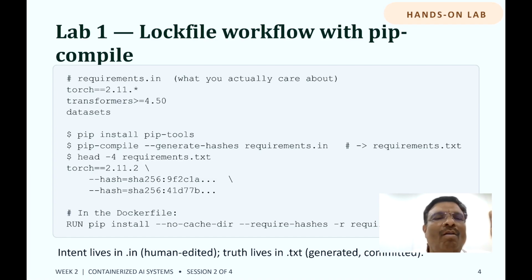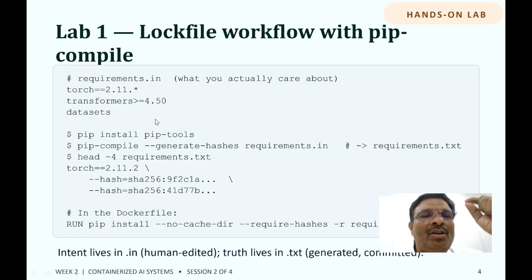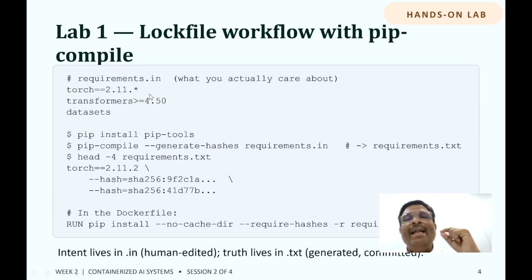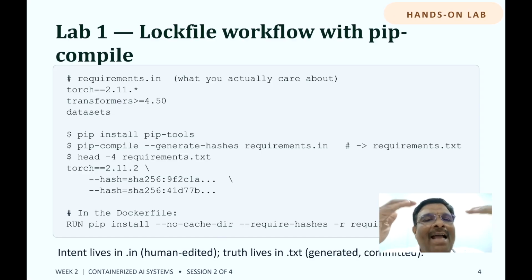To solve all of this, instead of directly using pip install torch equals 2.11 whatever, because it will again change from person to person, I run pip compile with generate hashes on requirements.in. It takes my requirements.in file and generates the requirements.txt, which is a very high level of pinning, and it also has the hashes generated.